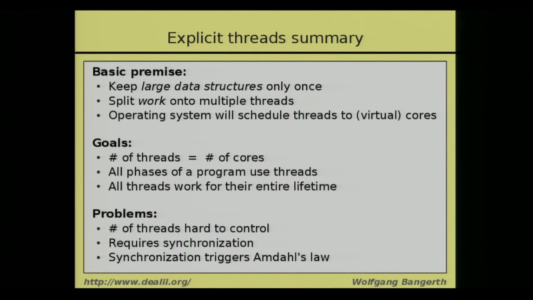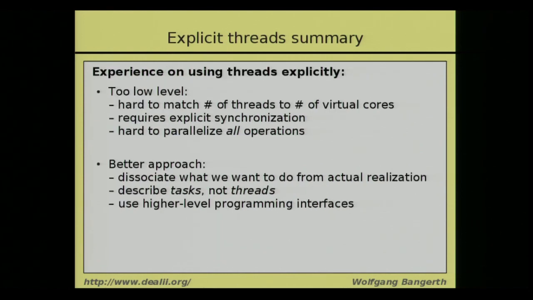That is not feasible. It's hard to control, like I showed you, the number of threads because you might have multiple levels of parallelism. It does require synchronization, and synchronization always triggers Amdahl's law. So threads is a concept that is nice in theory, but is hard to do in practice.